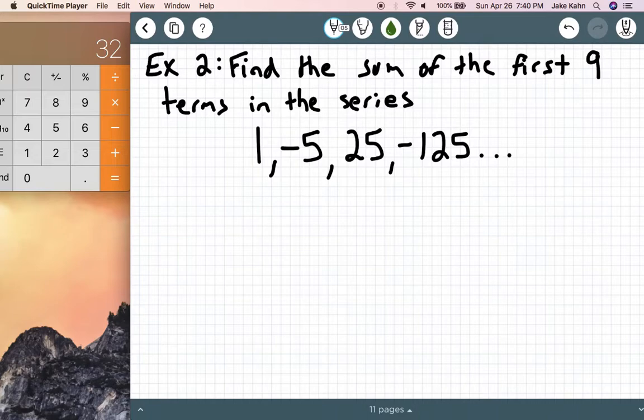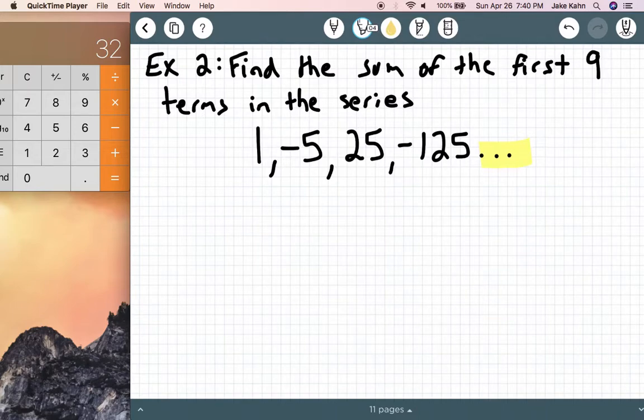All right, so find the sum of the first 9 terms in the series 1, negative 5, 25, negative 125, dot, dot, dot, which just means that the pattern continues, right? So what is the pattern, by the way? Well, we got to figure that out. This is a geometric series, meaning we're multiplying by something in between each number.